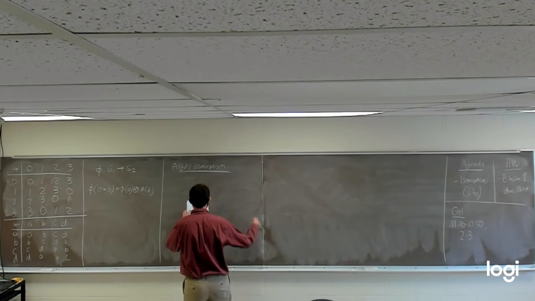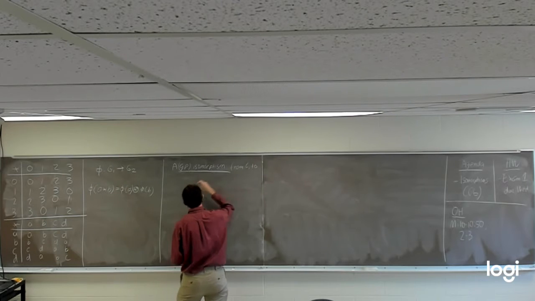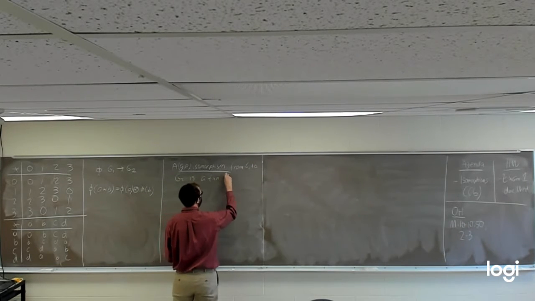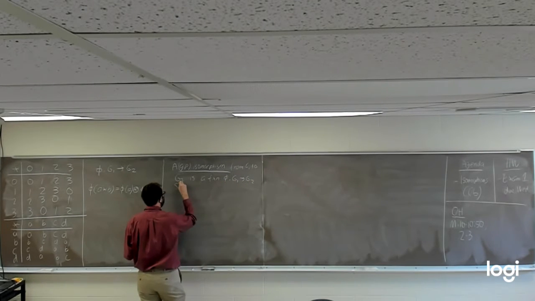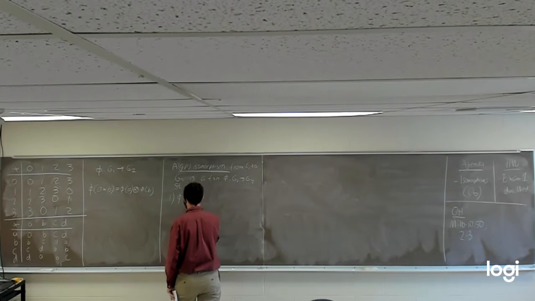But a group isomorphism from G1 to G2 is going to be a function phi from G1 to G2, such that, first of all, we want phi to be a homomorphism.